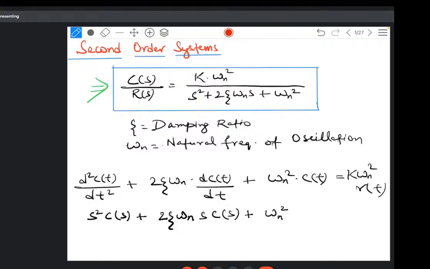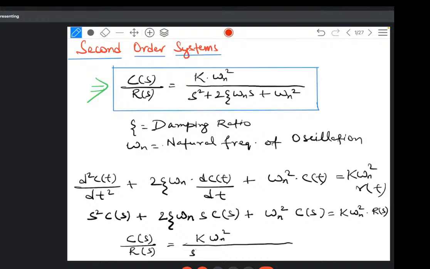Plus omega n square C(s) equals k omega n square, which is a constant, into R(s). Now C(s) can be taken common, so C(s) by R(s) will become k omega n square divided by s square plus 2 zeta omega n s plus omega n square. This is how the second order transfer function is represented.